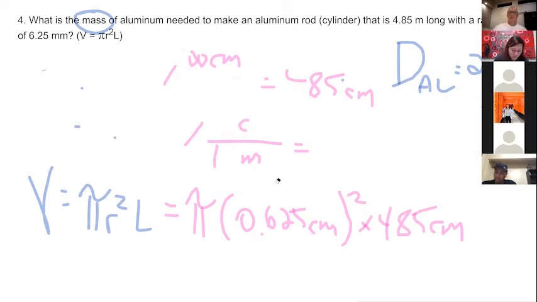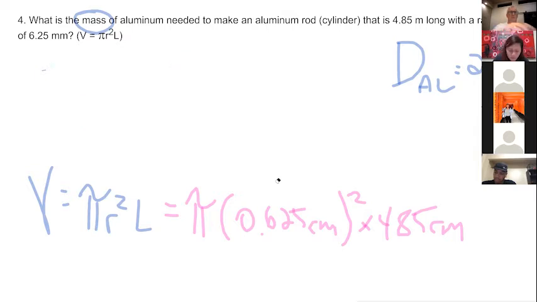All right, so work out, just do the calculation. Tell me what the number is and what the unit is. Hopefully everybody knows what pi is, right? This isn't new information.